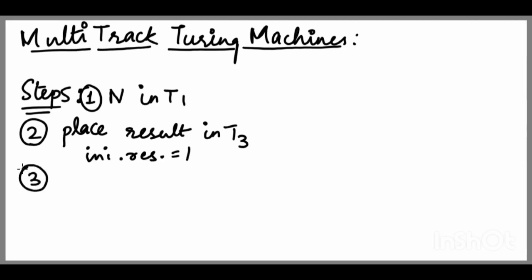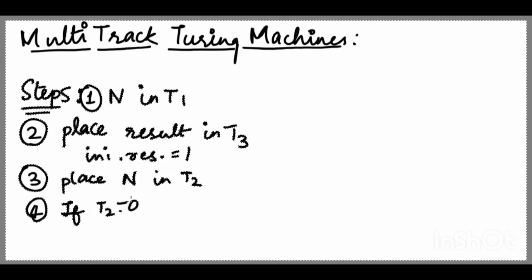In step 3, we will place the same n in T2. Step 4, if T2 equal to 0, then the result would be in T3.